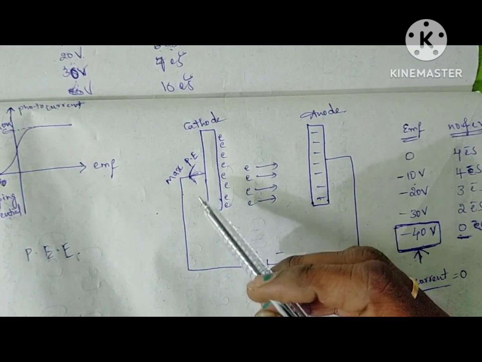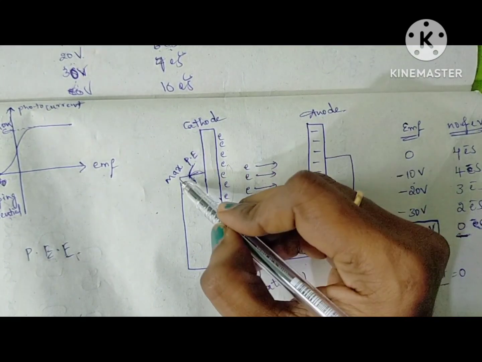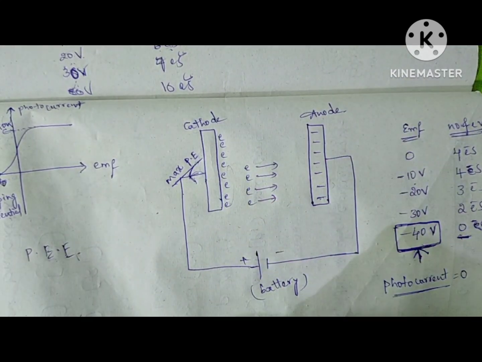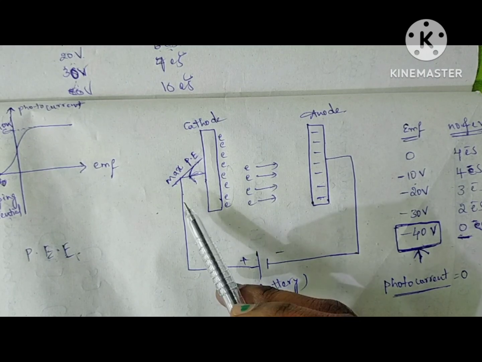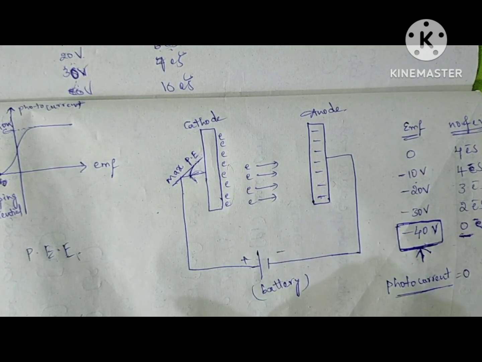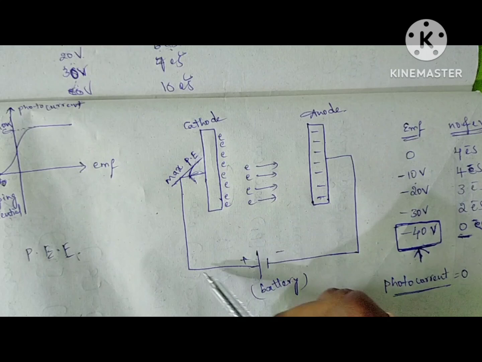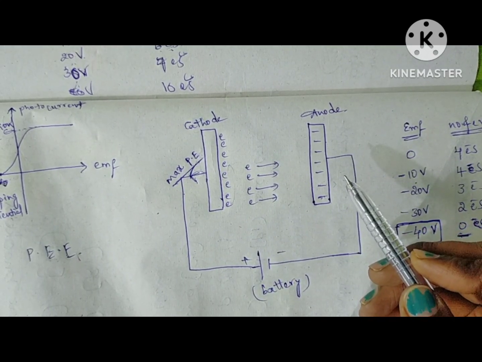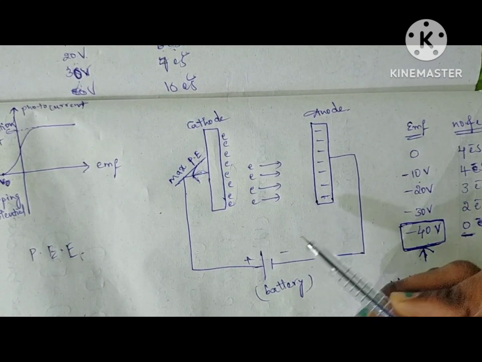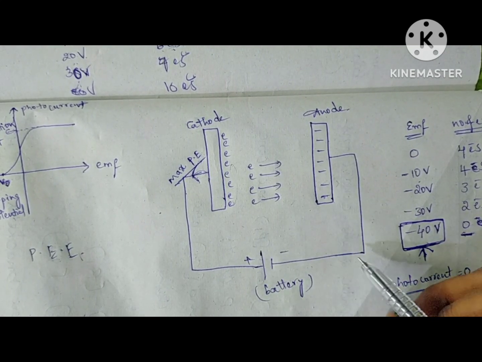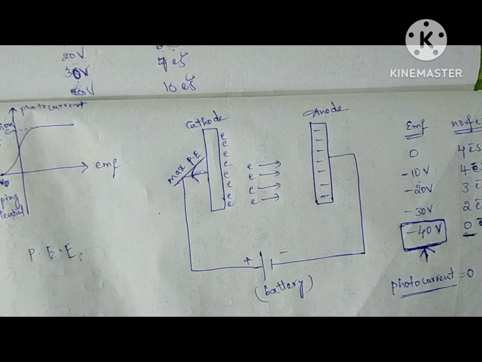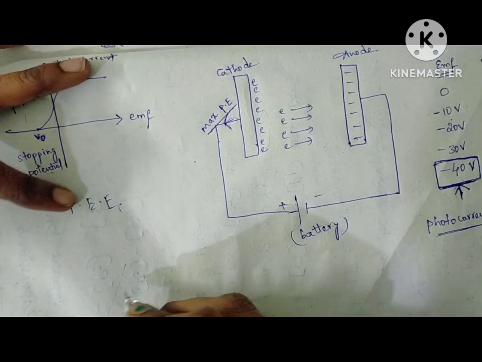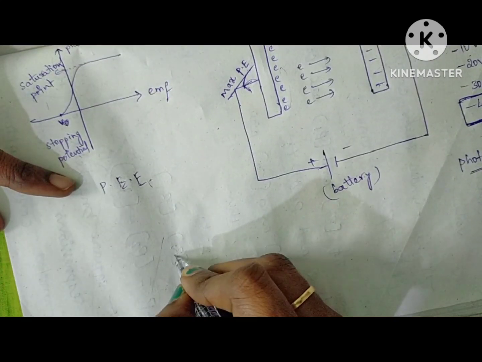And this maximum potential energy is converted to kinetic energy when they start flowing towards the anode. So see here at stopping potential, I am going to give you some more information.